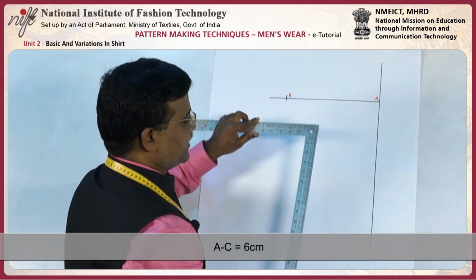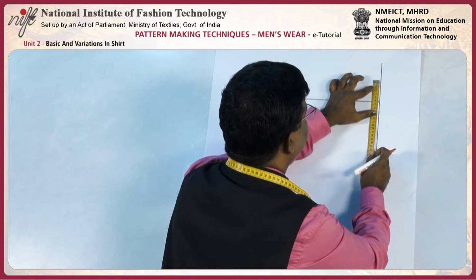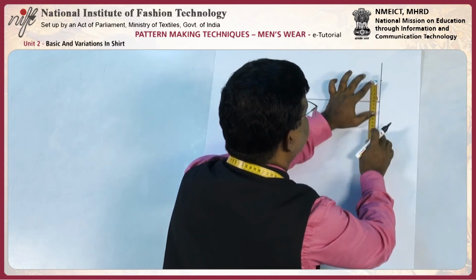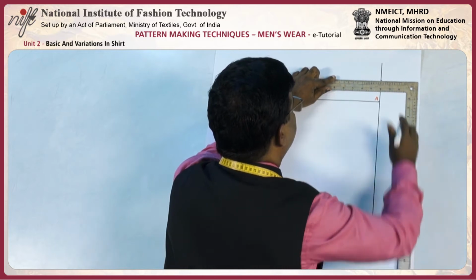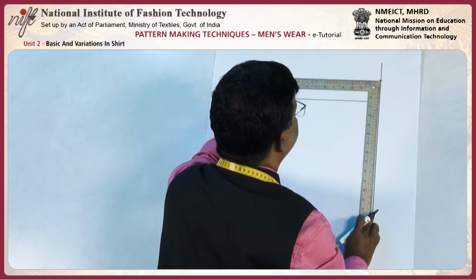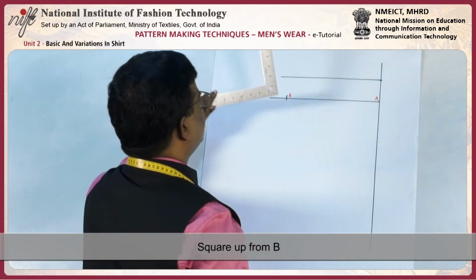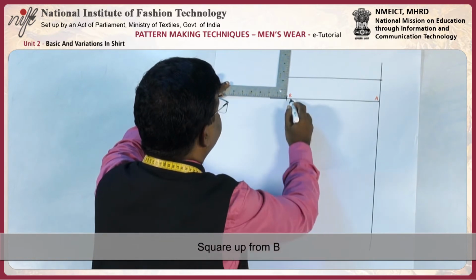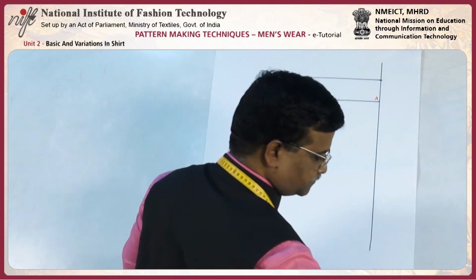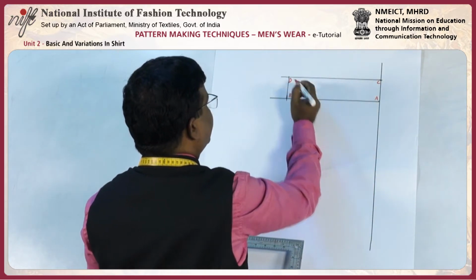A to C, 6 centimeter. Square it from C. Then square up from B. And label CD.